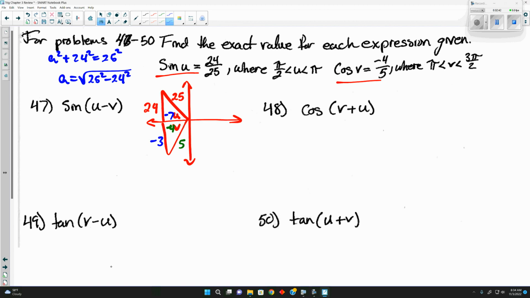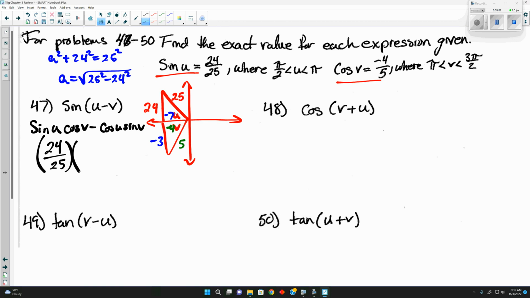Now for sine of U minus V, this is going to be sine of U cosine of V minus cosine of U sine of V. And we can just get this straight from the formula sheet. Sine of U has already been told to us is 24 over 25.